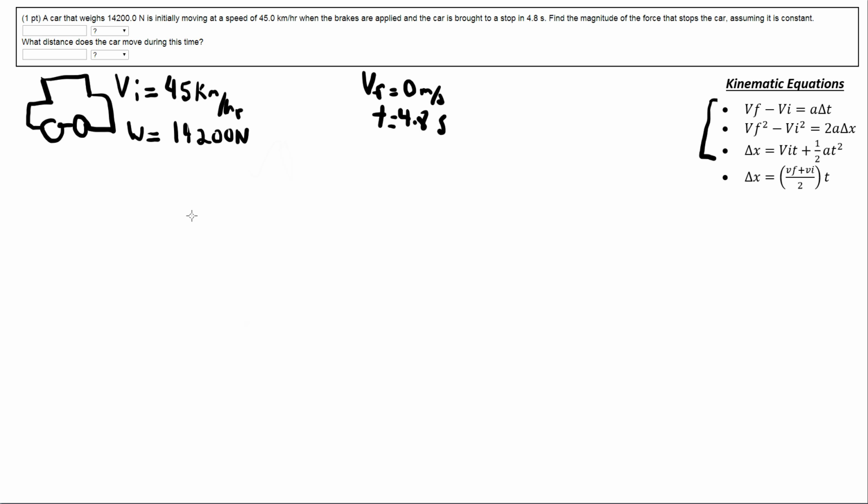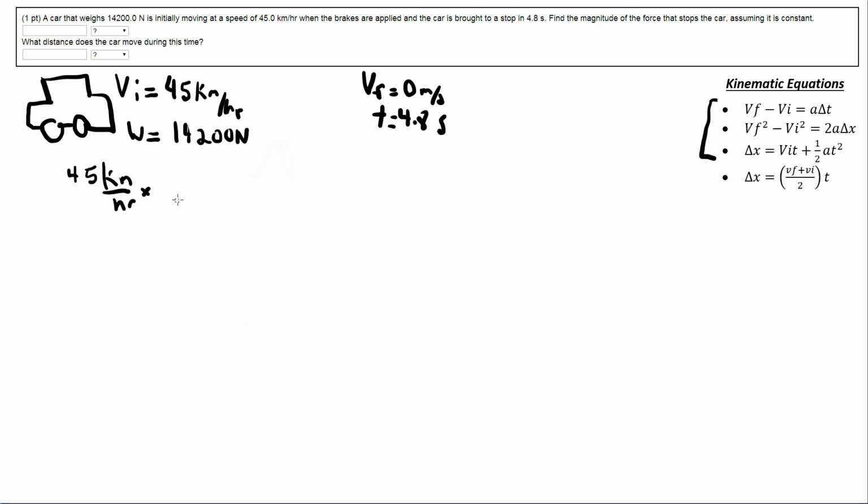So what I'm going to start off with is converting my initial velocity to meters per second. I'm going to say that my VI, or you can say VO, like original velocity, is 45 kilometers per hour. In order to be able to actually solve this problem, we have to convert this to meters per second.